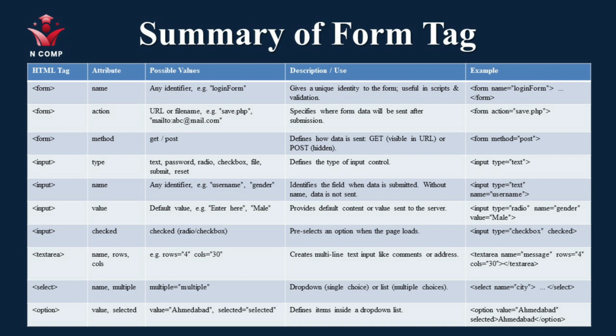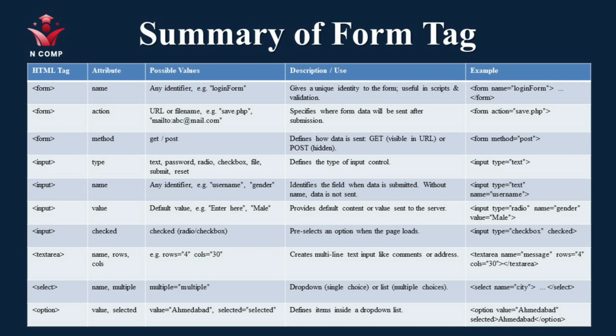Next, the input tag. This one does most of the work. The attributes of input tag are: the type. The type decides kind of input: text box, password, radio button, checkbox, and so on. For every type of the input element, input tag is used.